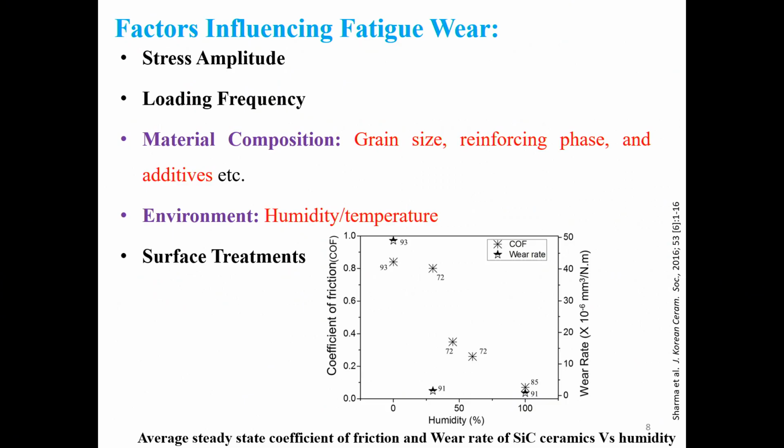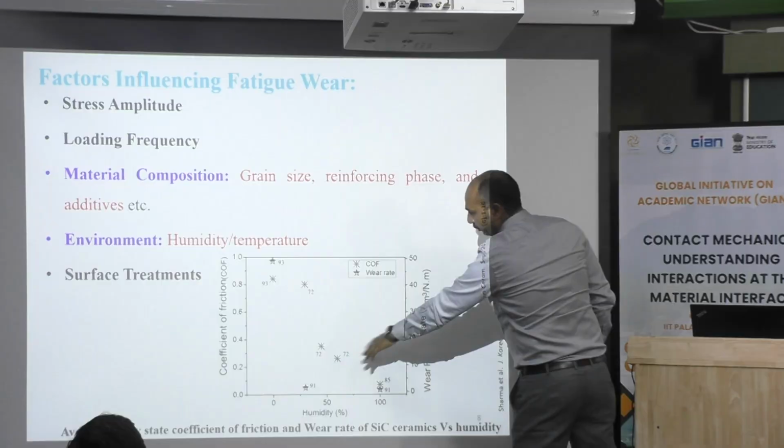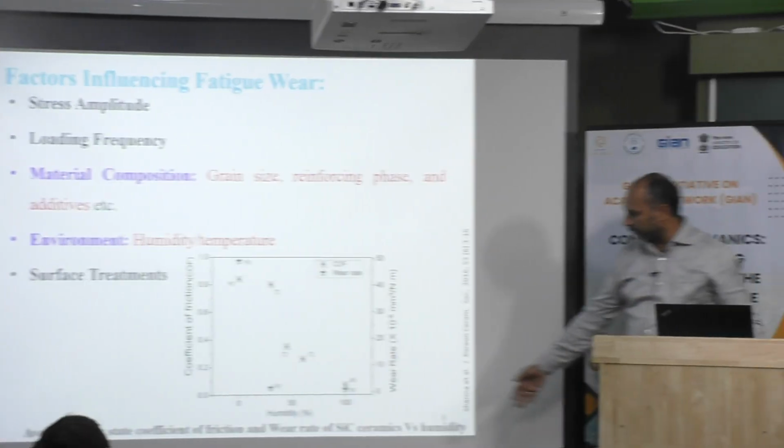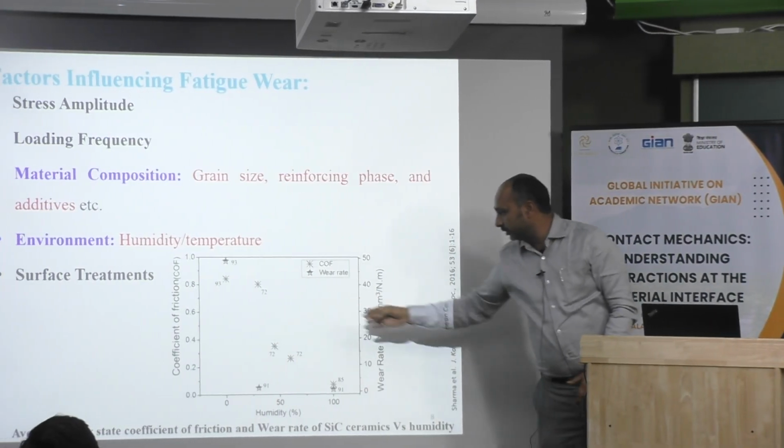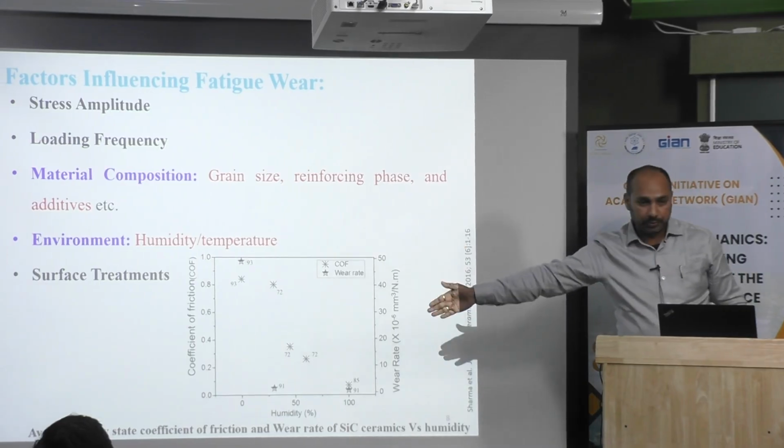Factors which can influence, we have already talked about stress amplitude and loading frequency. I will be focusing more on grain size, reinforcing phases, additives, and then environment like humidity and temperature. My talk will be oriented towards these. If you go for silicon carbide ceramics, the wear rate and coefficient of friction decrease drastically with humidity.